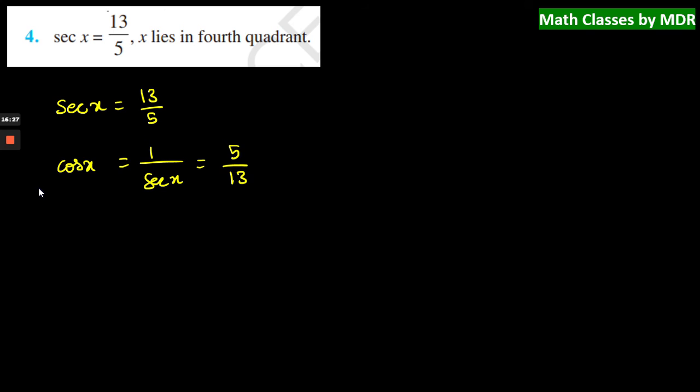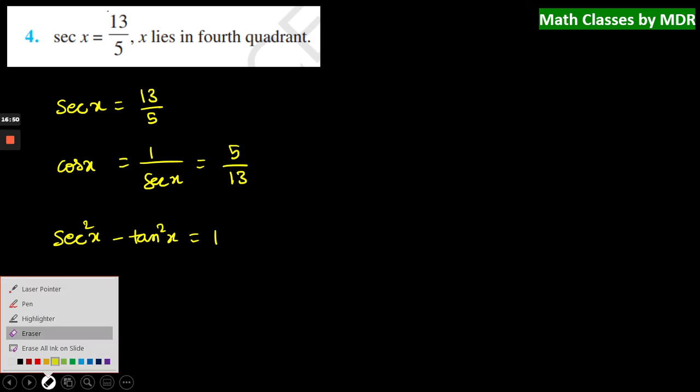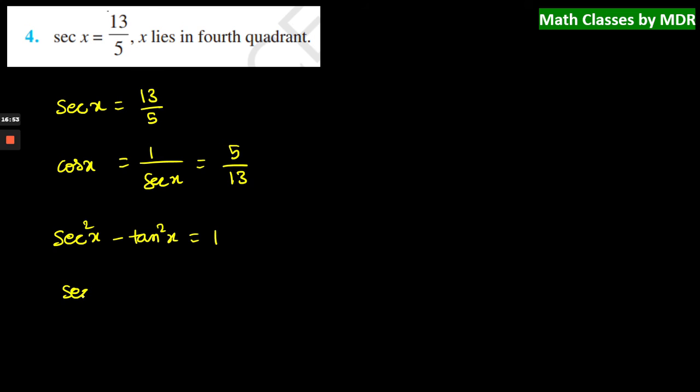Now let us try to find out other trigonometric ratios. To get the other trigonometric ratios, let me take secant square x minus tan square x is equal to 1. Actually, you can use sin square x plus cos square x also, right? We have to find out tan x, right? So secant square x minus 1 is equal to tan square x.